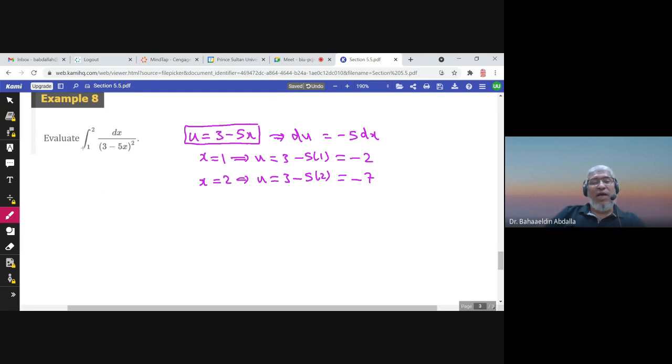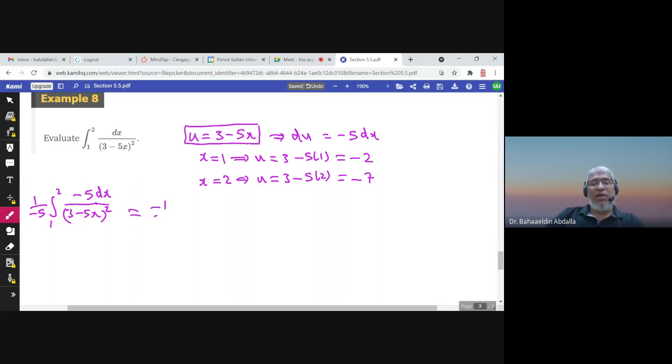Now, I have the integral from 1 to 2. I have 3 minus 5x to the power 2 in the denominator. This would be u to the power 2. But I have in the numerator dx. Well, dx is not enough. I need negative 5 dx. So I will multiply by negative 5 and I will divide by negative 5 outside.